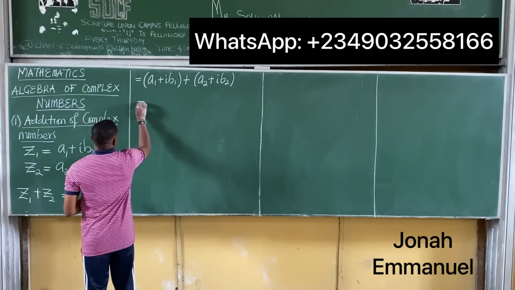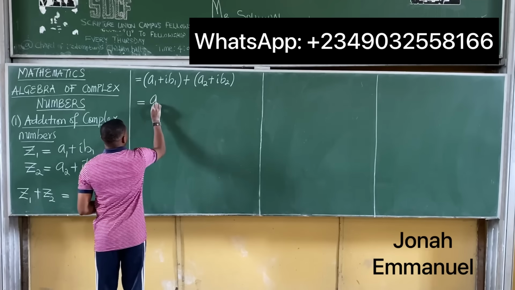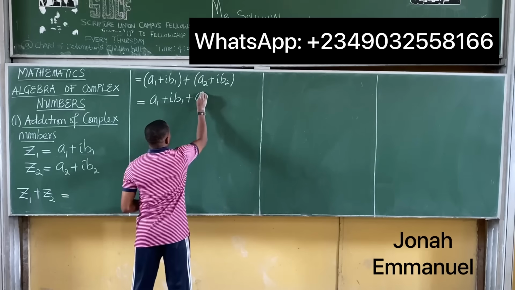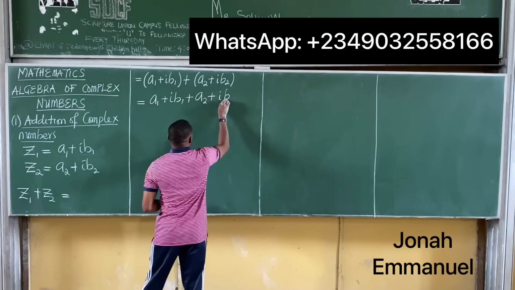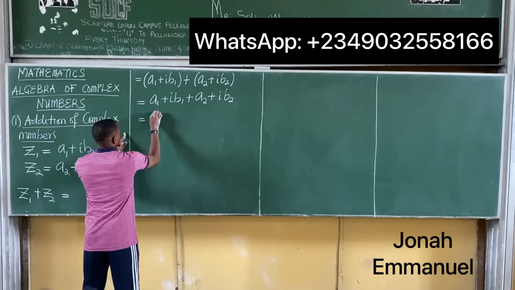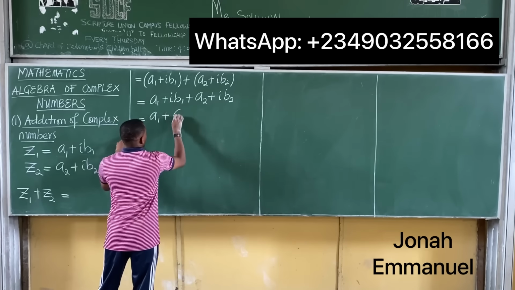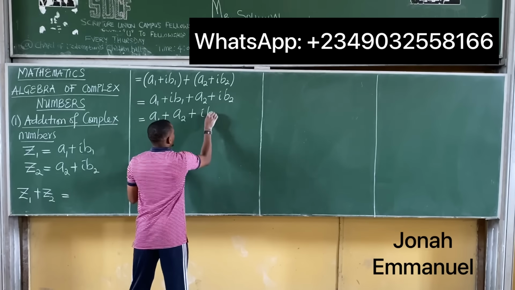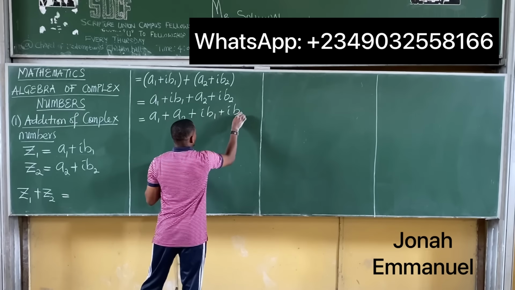So this will be equal to, if I take off brackets, a1 plus ib1 plus a2 plus ib2. Take the real parts, that's a1 plus a2, plus take the imaginary parts, ib1 plus ib2.